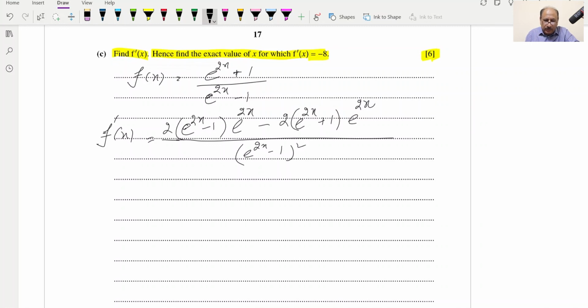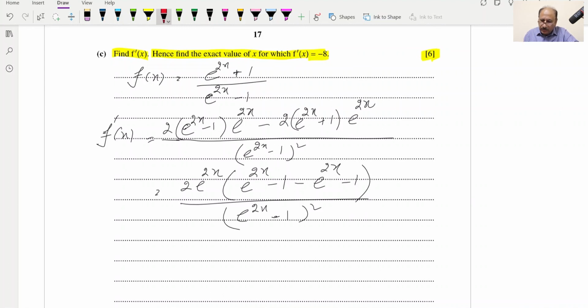And now we can rewrite it as 2e raised to the power 2x, which we can take common from both, and inside will be e raised to the power 2x minus 1 and minus e raised to the power 2x minus 1, over e raised to the power 2x minus 1 squared.